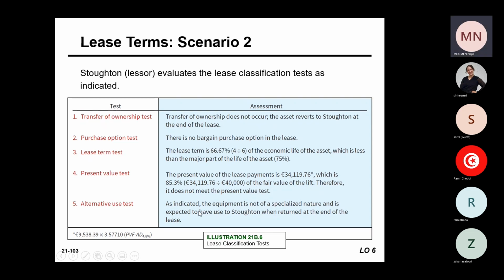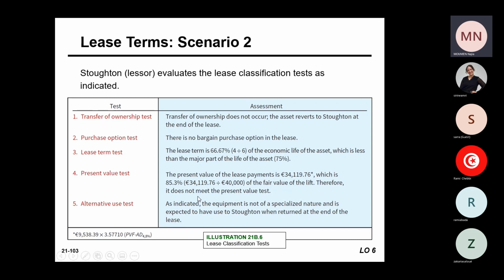For the alternative use test, there is no specific nature of that lift. It is not tailored for the need of the lessee. It can be used alternatively by the lessor when it is returned at the end of the lease term.